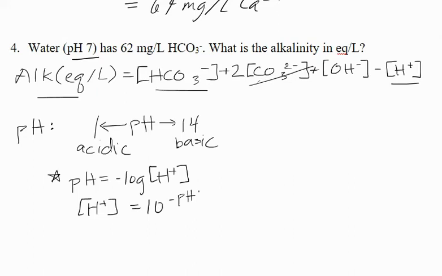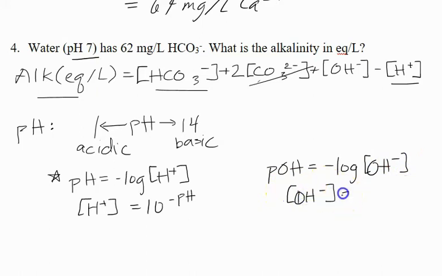We've got this equation for pH, but we can also write a similar equation for pOH, which is the negative log of the hydroxide ion, or OH equals 10 to the negative pOH.